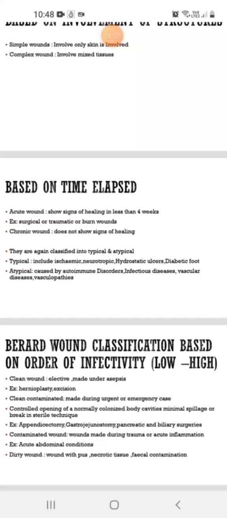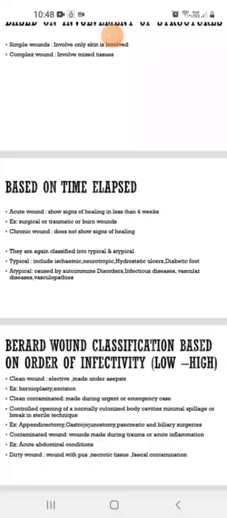Wounds made during trauma or acute inflammation are known as contaminated wounds. Example, acute abdominal conditions. Infective rate is up to 60%. Dirty wounds, wounds with pus, necrotic tissue and fecal contamination are known as dirty wounds.